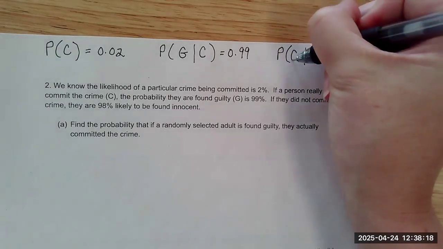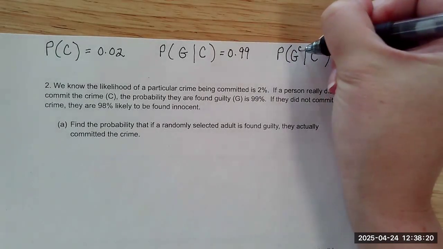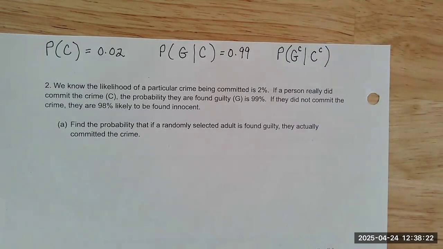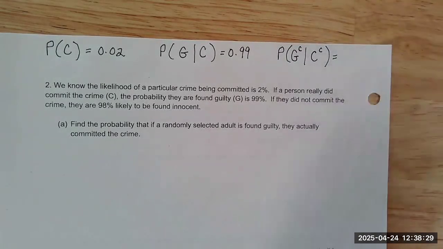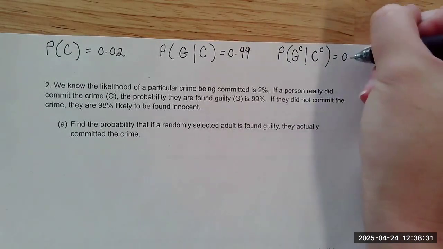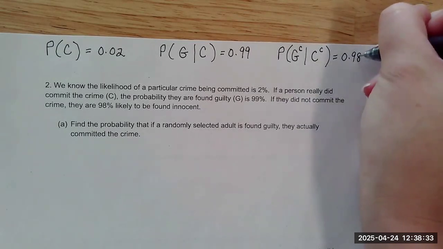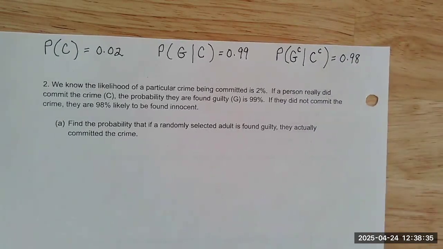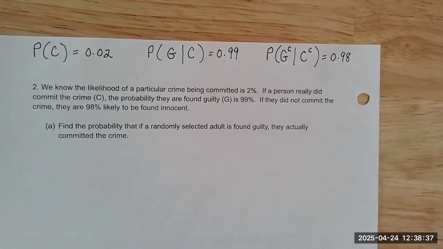So I'm going to put guilty complement. But if you wanted to use an I for innocent, you could also do that. I'm just going to use the complement notation since I went down that road. 0.98. All right, that's all the information they gave us. So everything else we're going to have to find.